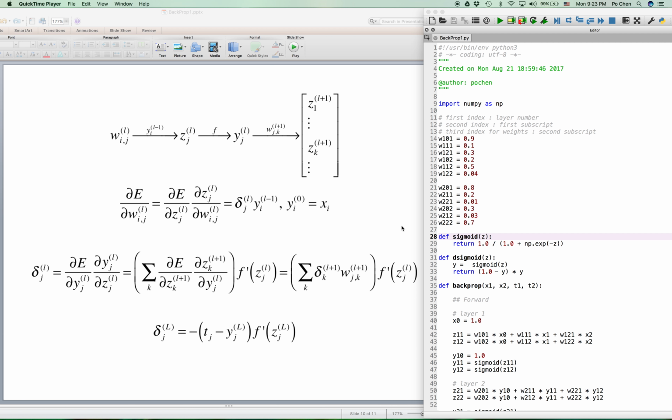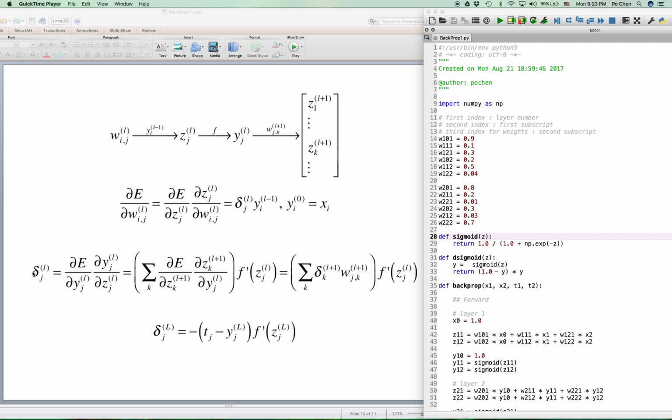In the previous video, we gave an algorithm for computing the derivatives of the error E with respect to all the weights W. This algorithm is known as the back-propagation algorithm, and it is essentially just a dynamic programming algorithm. The key in computing the derivatives is the calculation of the deltas.